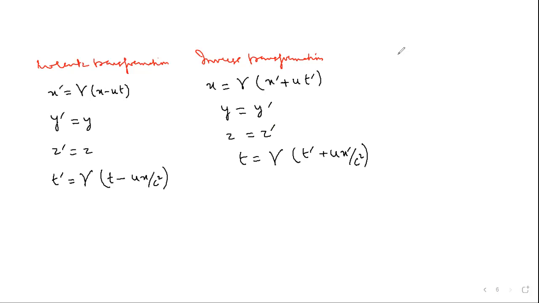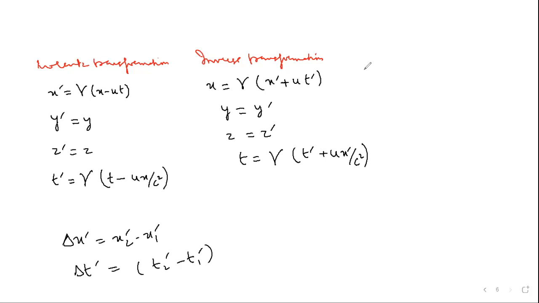Because they are useful when we wish to transform not a coordinate but a space or time interval, such as delta x prime equal to x2 prime minus x1 prime, that is the distance between two events as measured by S prime, or delta t prime, which will be equal to t2 prime minus t1 prime, that is the time between two events as measured by S prime, right?